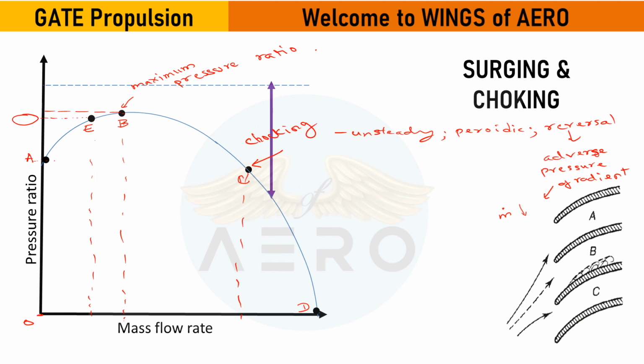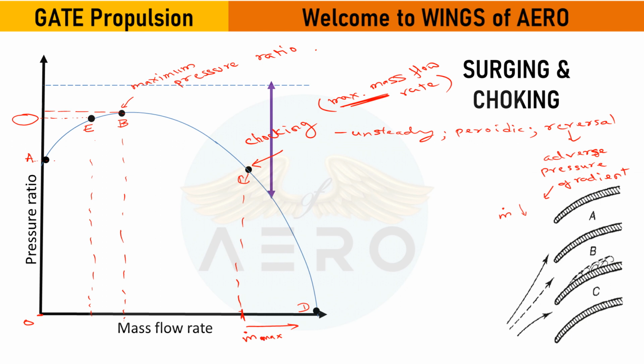Why do we call it the point of choking? It's the point where we have the maximum mass flow rate. If you see the graph, D is a further extension, but ideally C is the point where we have the maximum mass flow rate. This is the maximum mass flow rate.